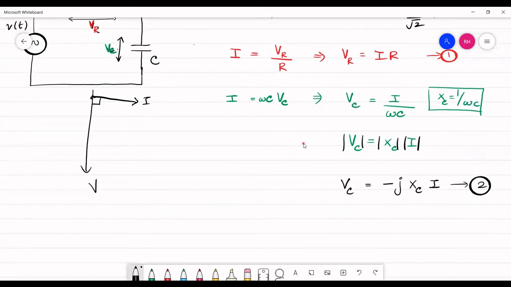So let us apply KVL to this mesh or to this circuit.